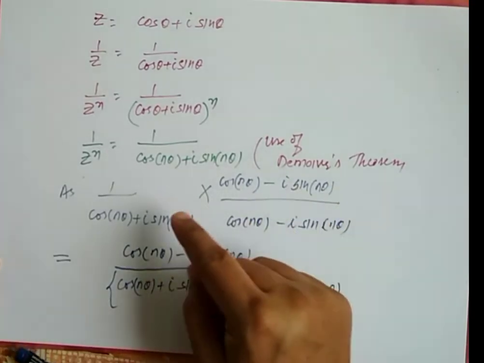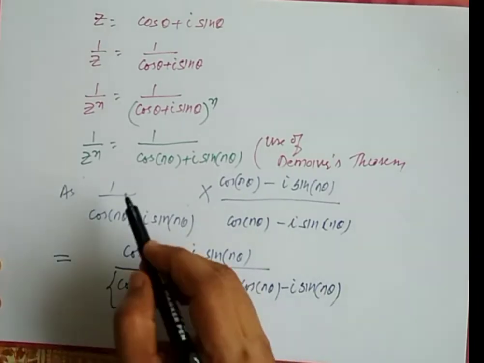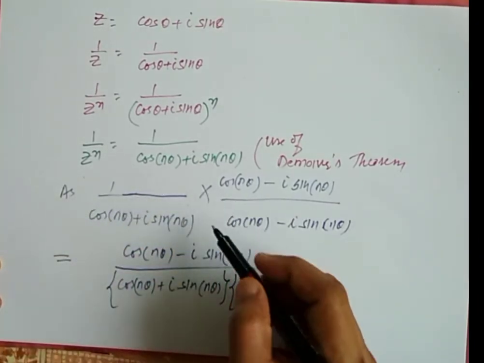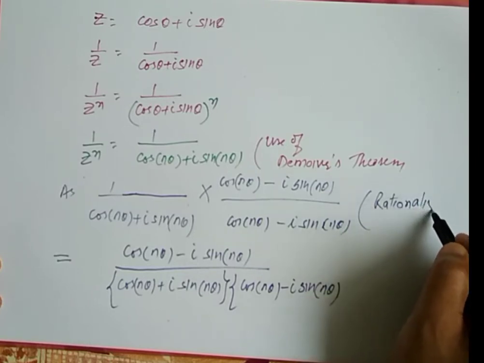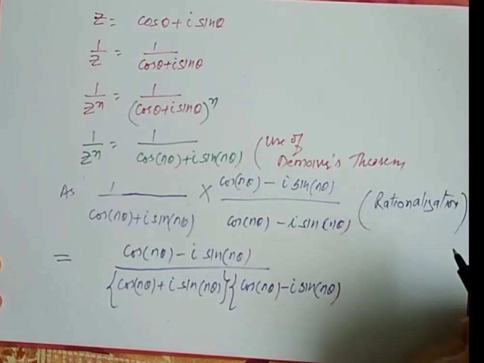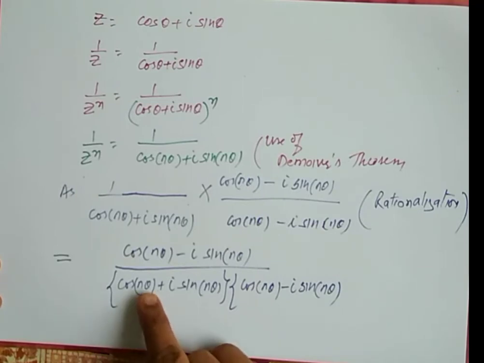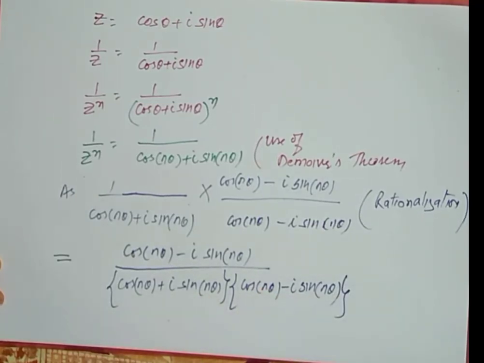Here the number was not in the standard form, so I have tried to rationalize it. Rationalization I am doing here. This is a plus b and here it is a minus b.